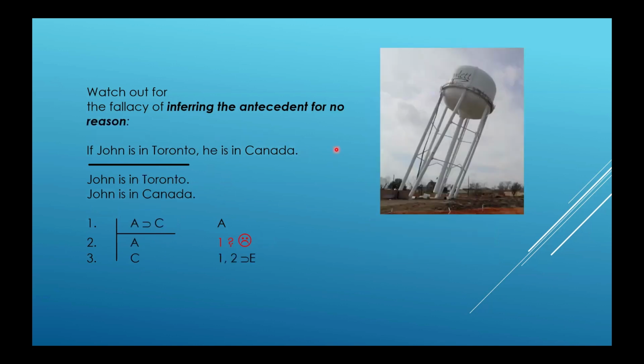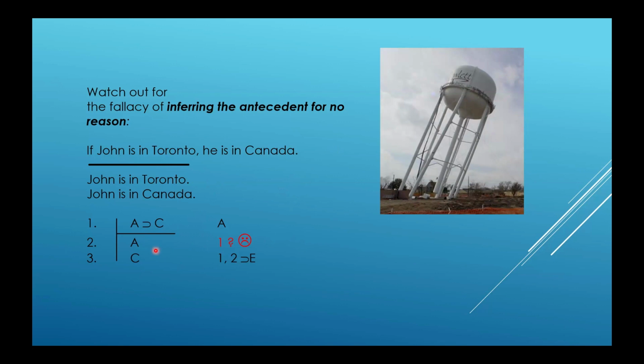The last one is not a classical fallacy, but it is something logic students do all the time. You can just call it the fallacy of inferring the antecedent for no reason. If John is in Toronto, he is in Canada. So the step is this: we have the conditional, then the person infers the antecedent for no reason whatsoever, and then they infer the consequent. This is a desperation move.